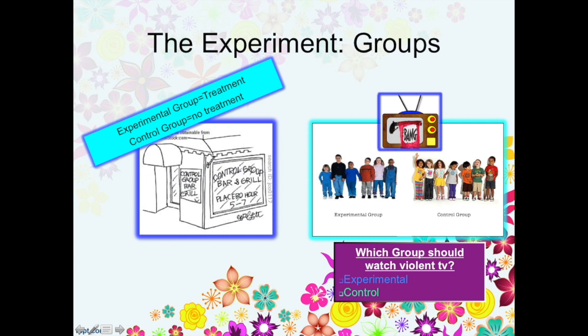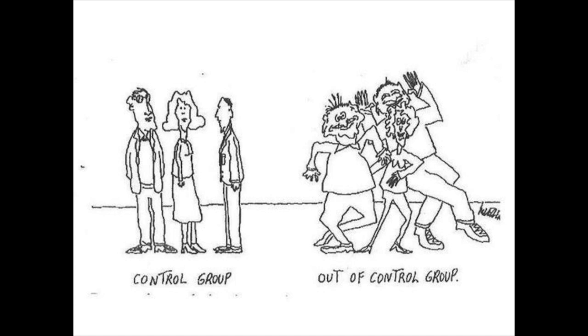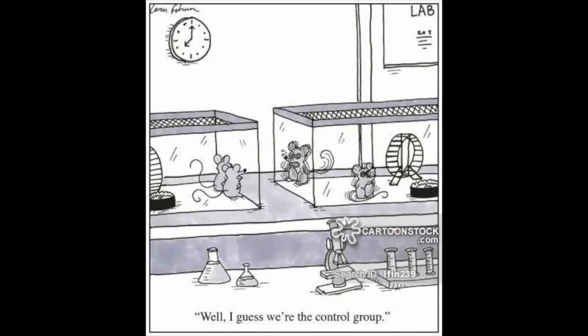So anyways, with the experiment, the two groups break down into the experimental group, which is the group that receives the treatment. So they receive the manipulation or the change. We do something to the experimental group. And then you have the control group, which do not receive a treatment, or they might get a placebo or something.